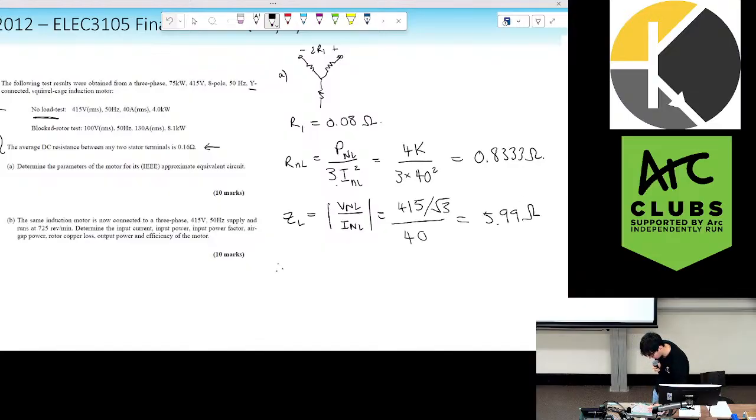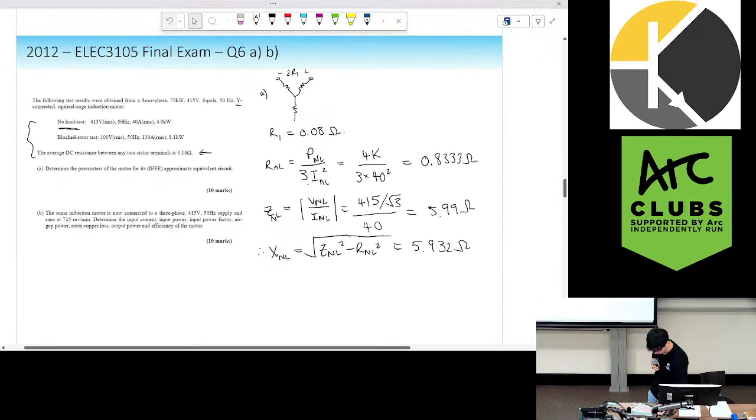So then we can find X no load, which is Z minus R, and that gives us a value of 5.932 ohms. Cool.